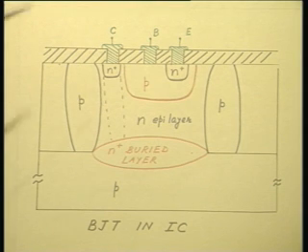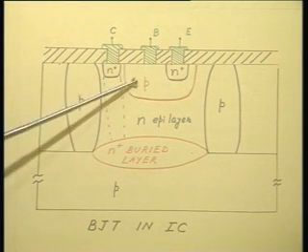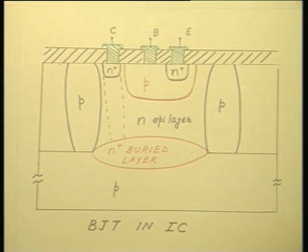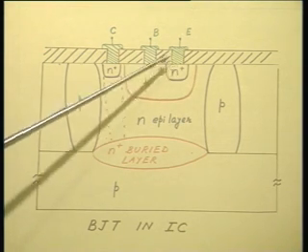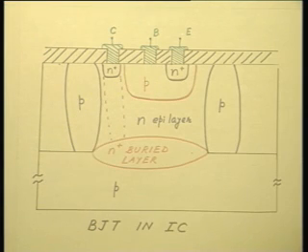okay? And my base is also p-type, and in between I have the collector N region. So, along with my vertical NPN transistor, I have a parasitic PNP transistor comprised of the isolation, the collector and the base of my active transistor.